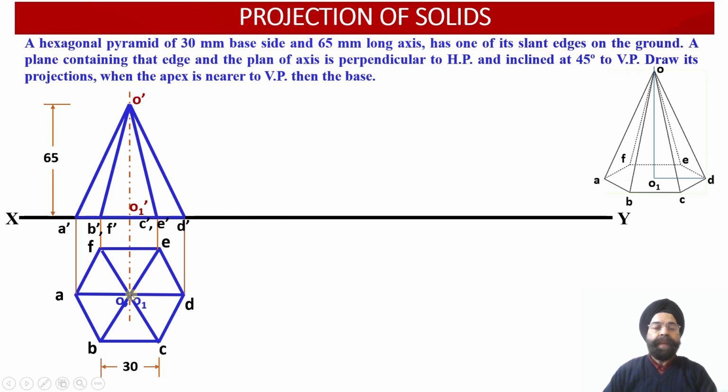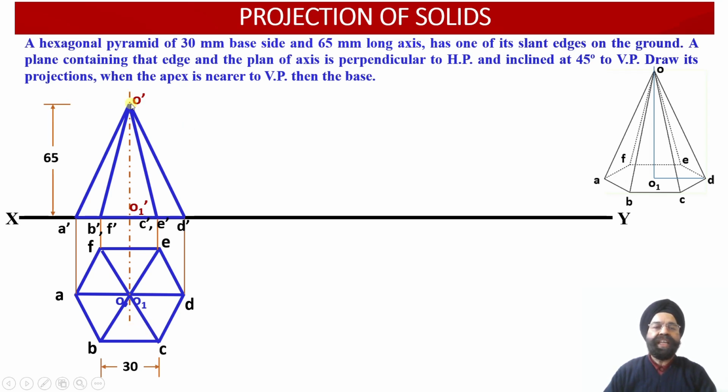But the projection of the slant edge OC, which appears to the observer on the front side of this hexagonal pyramid, is overlapping with the rear slant edge OE. So in the front view, the hidden line projection represented by O dash E dash is superimposed by the object line projection corresponding to the slant edge OC.